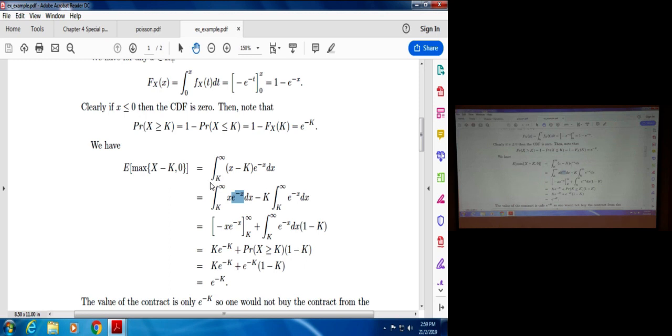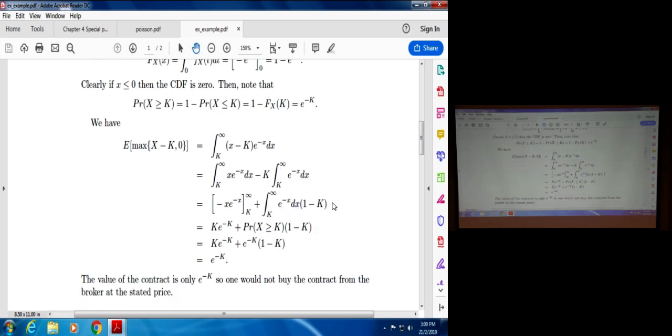So this integral on the left is going to be x times minus e to the minus x integrated between k and infinity, minus the integral between k and infinity of 1 times minus e to the minus x. I've just incorporated that into here. That's this part here, and the value 1 comes from my integration by parts.